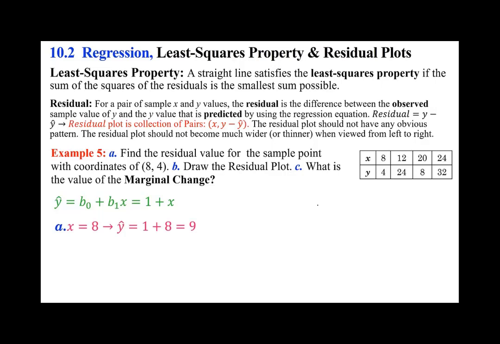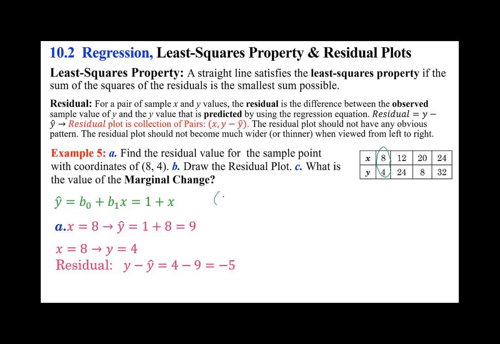But what is the y coordinate? Take a look at the pair 8, 4. So y is 4. And so their difference, y minus y hat, is negative 5, which means for that 8, 4, we come up with one residual plot point, 8, negative 5.